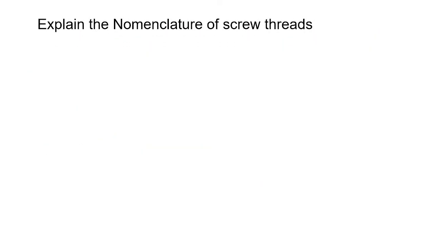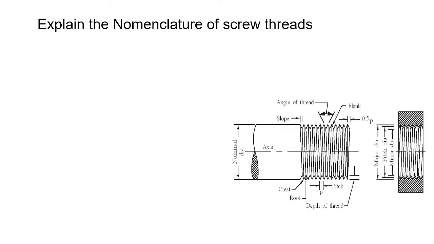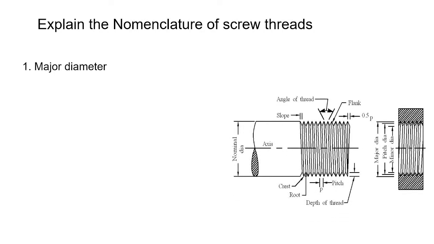Explain the nomenclature of screw threads. In nomenclature, we talk about the parameters which describe the geometry of the screw thread, and some of these parameters would also be selected for specifying any information related to screw threads.